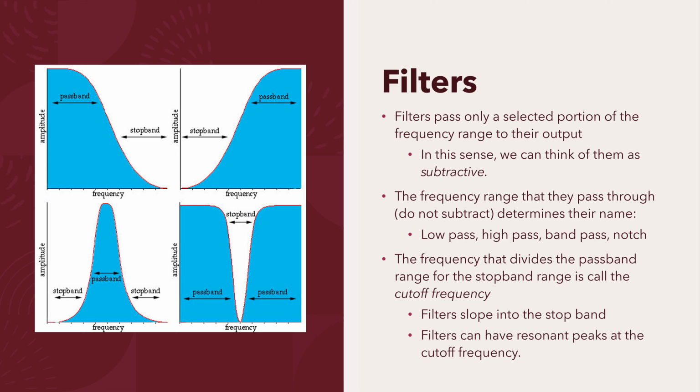And it is a specific frequency. It's a specific rate at which the air wiggles. So wherever you can see the stop band being divided from the pass band, that is the cutoff frequency.